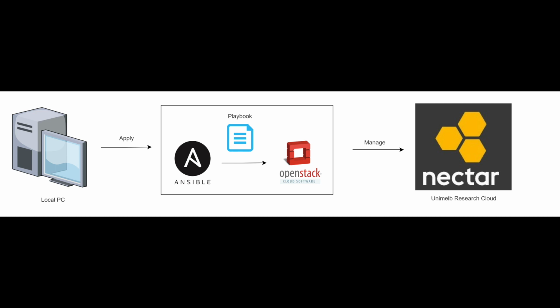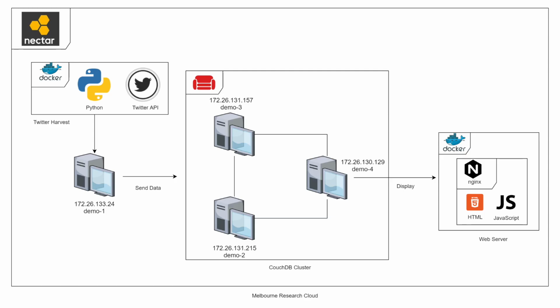Let us turn to the architecture of the system. There is the introduction chart of the system. Each instance has its own tasks. At first, we look at the left of the chart, the Demo 1 instance, which deploys the Twitter harvest application to collect data from Twitter, and then turn to the middle of the chart.